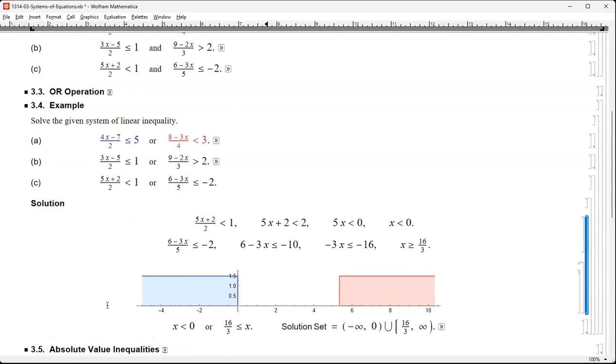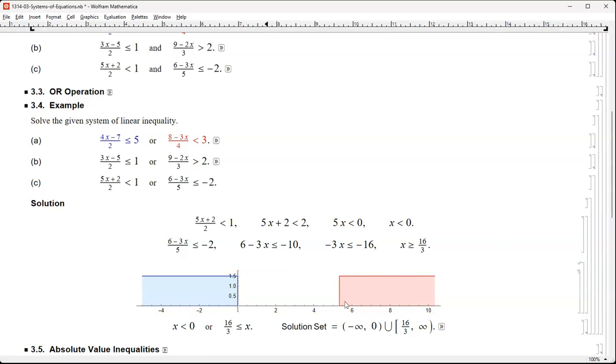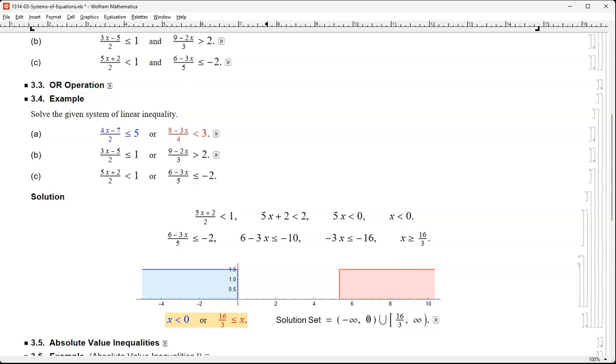Graphically it goes like this. Negative infinity to 0. Or greater than or equal to 16/3. This is blue, and this one's red. And then blue corresponds to this interval, red corresponds to this interval, and they take the union, either A or B. You get that.